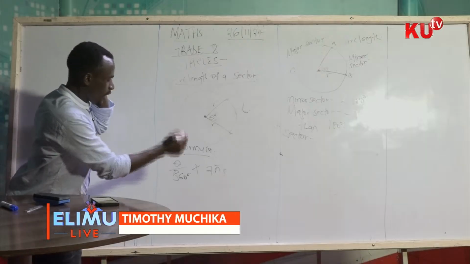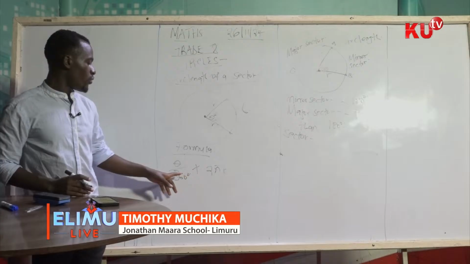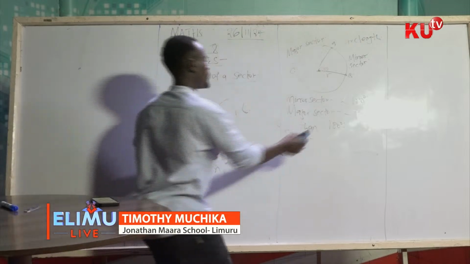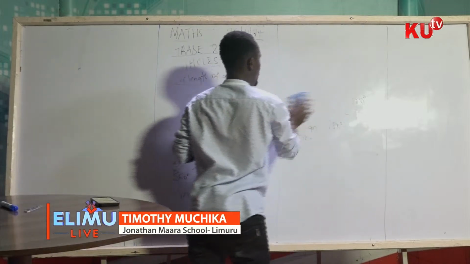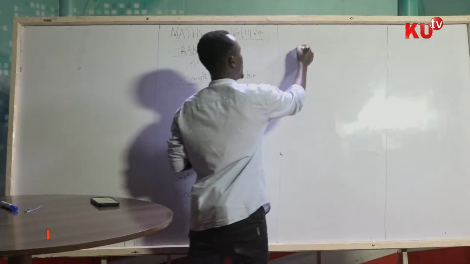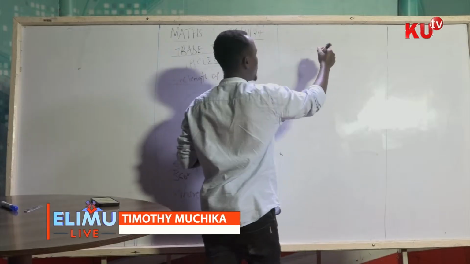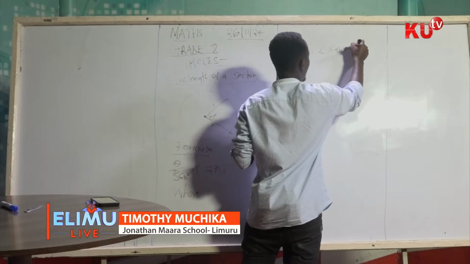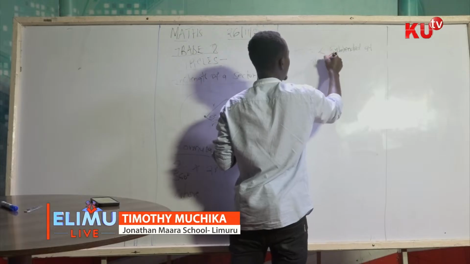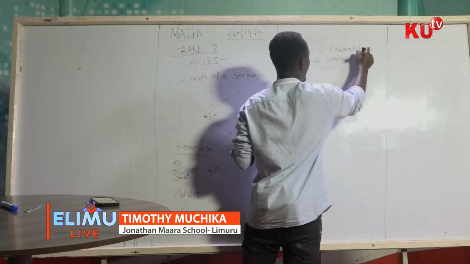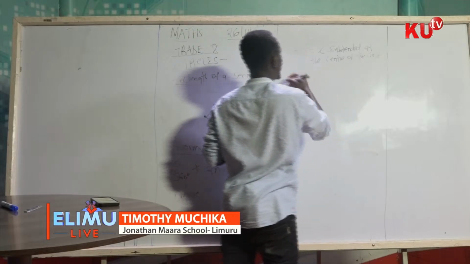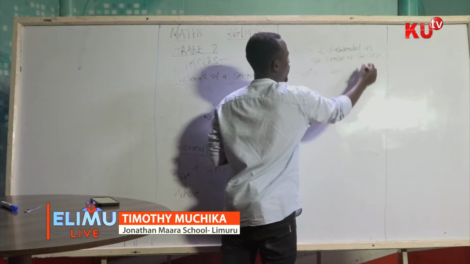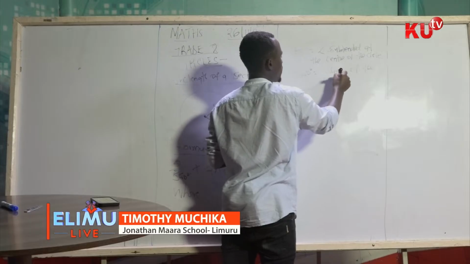Theta is the angle subtended at the center of the circle, and 360 degrees is the sum of the angles in a circle.